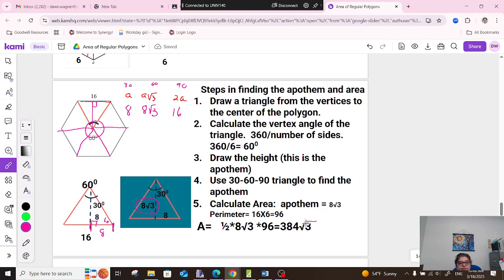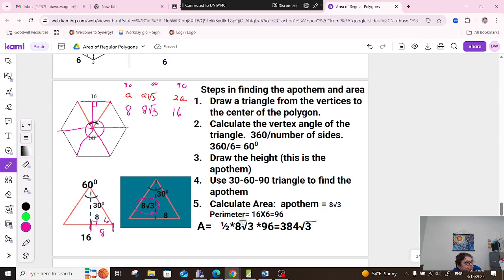So then to calculate the area would be 1/2 times apothem, which was 8 square root 3, times perimeter, which is 96. And the steps are all written out for you.